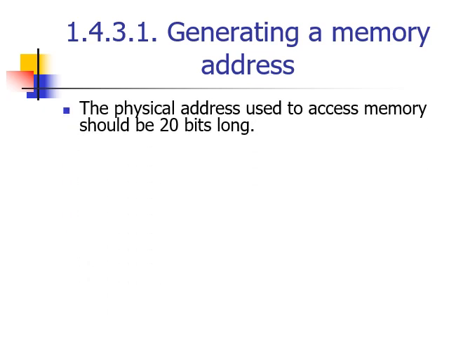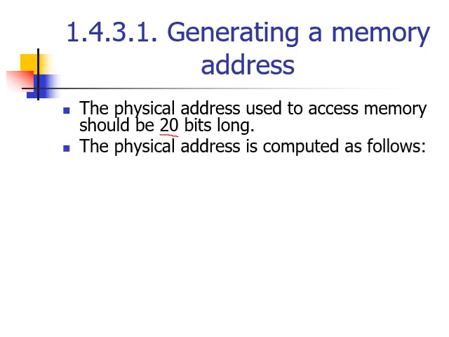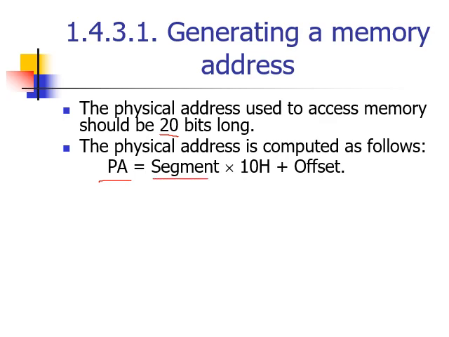The physical address is 20 bits long, but the registers used to refer to this address are all 16-bit registers. So to get the physical address, composed of 20 bits, you take the value inside your segment register multiplied by 10.